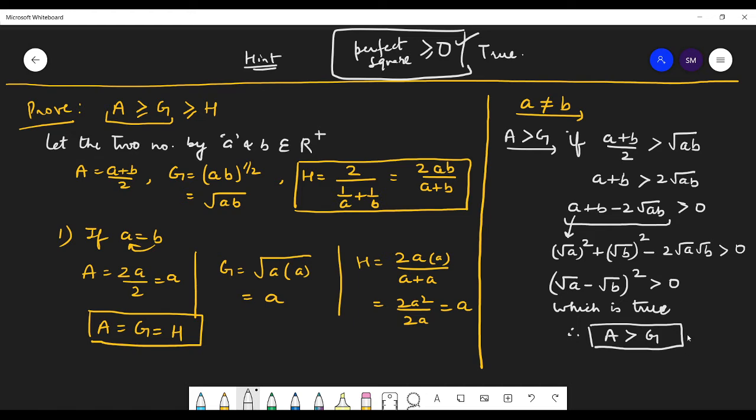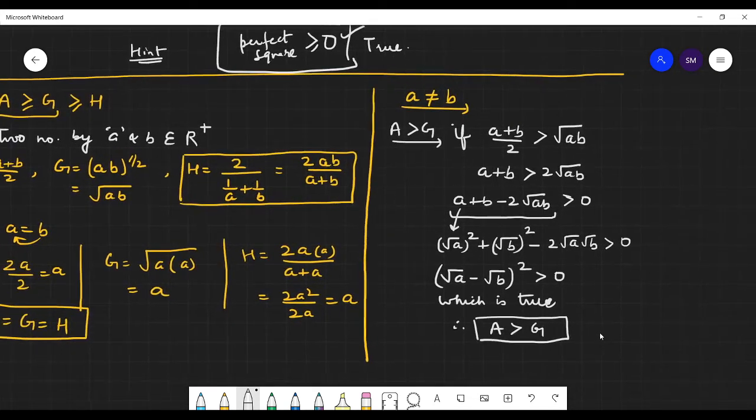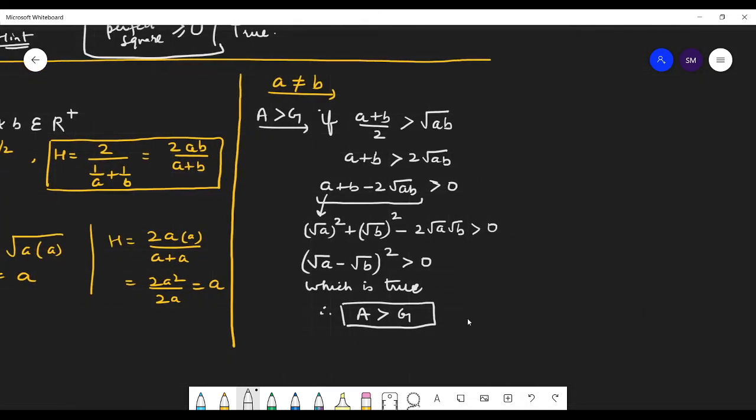Done this, students? Yes, sir. Now let us do the second part of it, which is that you have to prove that G is greater than H. So G is greater than H if under the root AB, this is what your geometric mean is, greater than what is the harmonic mean, students?